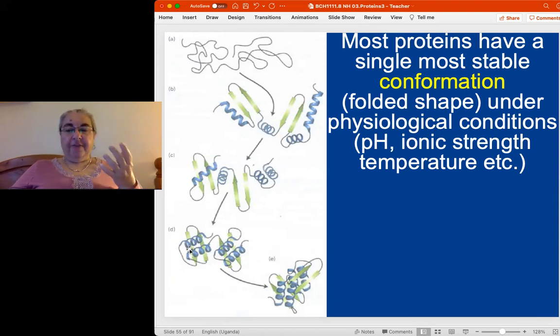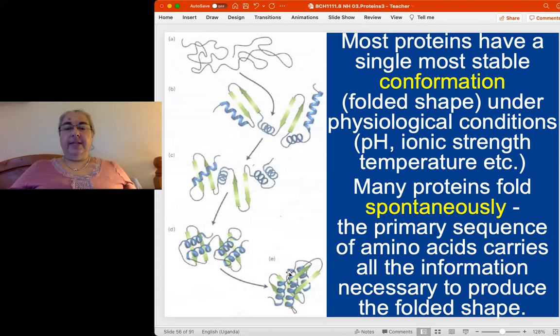But if we're talking about physiological conditions around neutral pH, there will be one most stable conformation for that particular protein. So our diagram here illustrates an unfolded polypeptide chain folding into areas of secondary structure, which then fold together to produce a tertiary structure. So we'll be following through what's going on here.